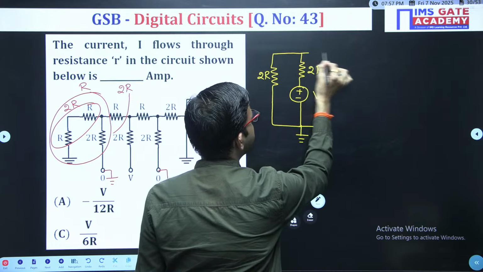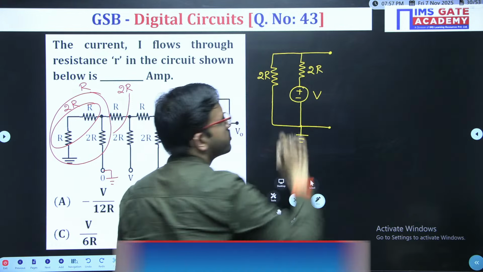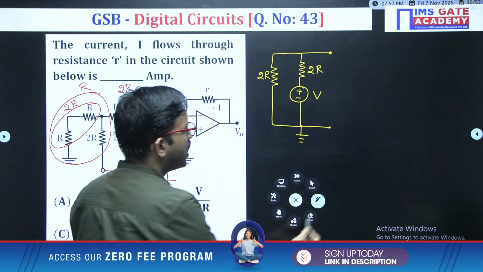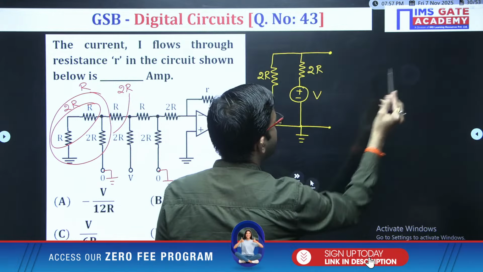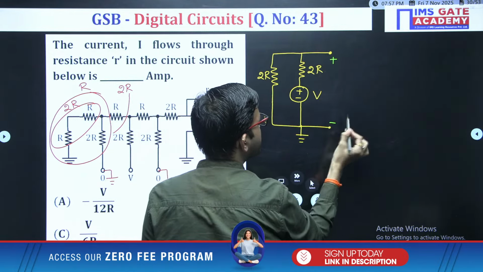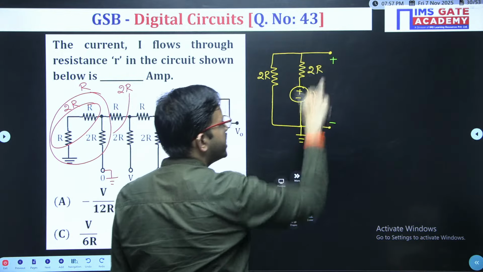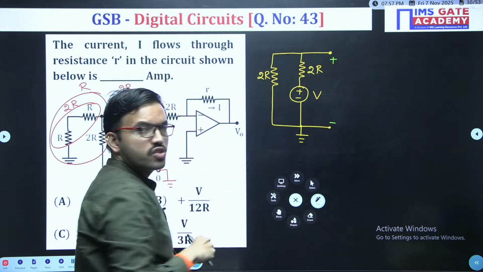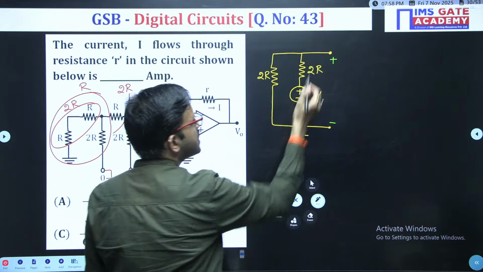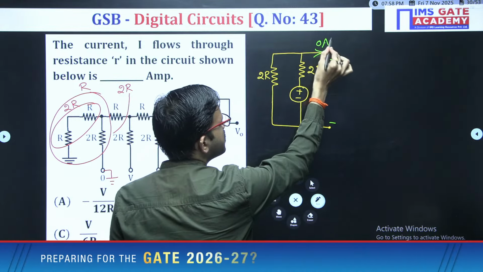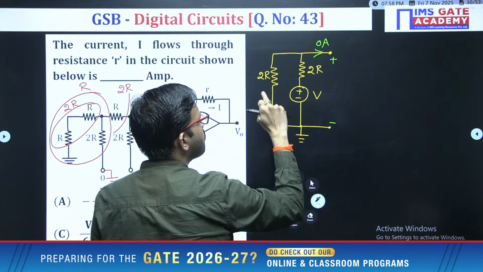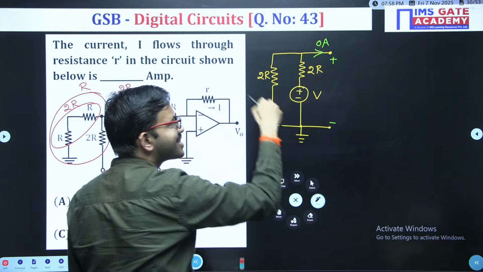Now this circuit you can represent as the equivalent Thevenin circuit, in the simplest format. In order to find the Thevenin's equivalent circuit, you have to find the open circuit voltage or VTH. Between these 2 points the voltage is nothing but the voltage across this 2R. Since no current flows here, these 3 elements are connected in series.